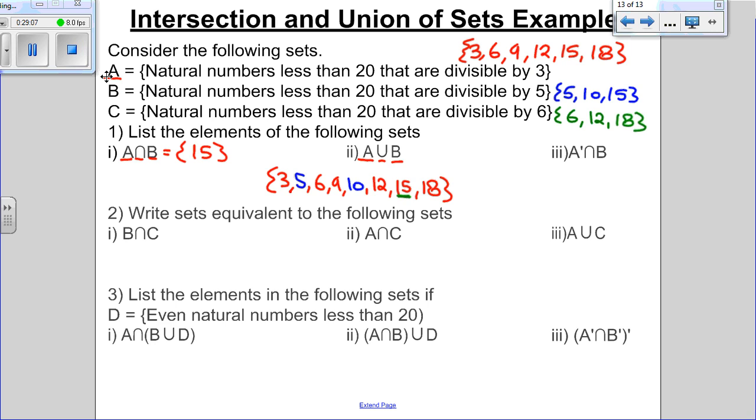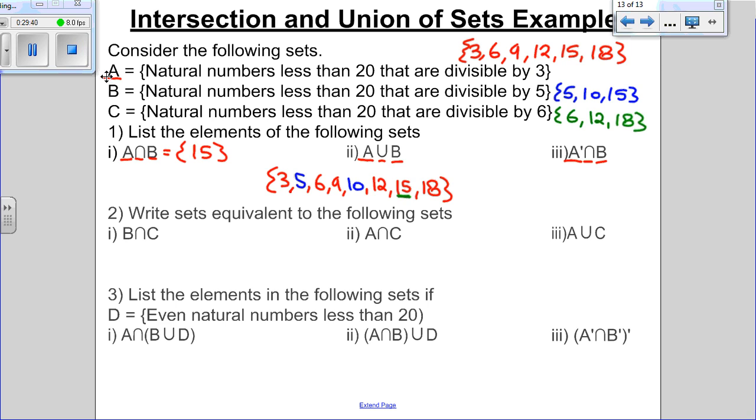The third question is a little bit trickier because now they start using that prime. This says items that are not in A and they're in B. So what items are not in A and are found in B? Let's try writing out the things that are not in A. Again, that's how you make this easy for yourself: list out the things that are in each set.